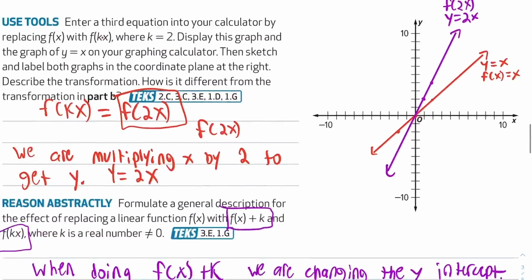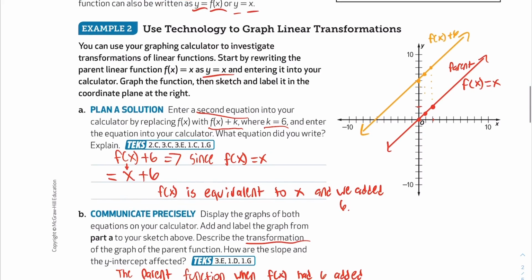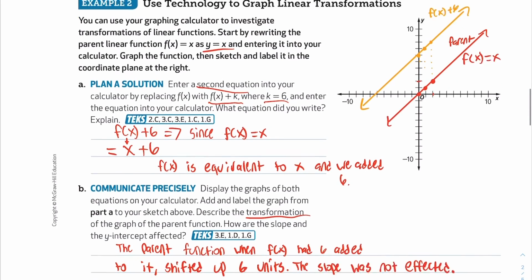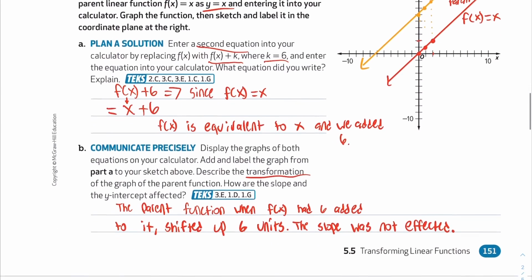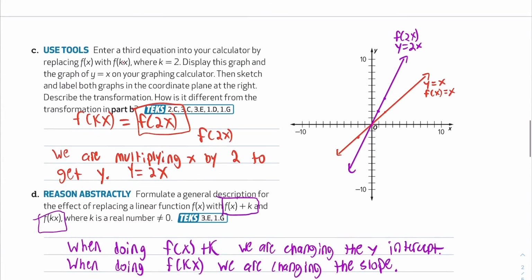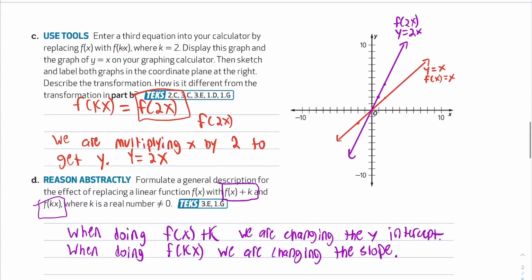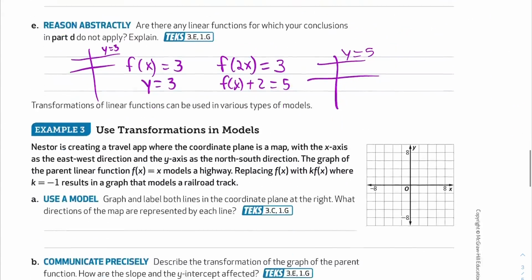Let's look back at exercise 2. That was where we added to k. Well, we added to the f of x, or that was when we multiplied f of x.